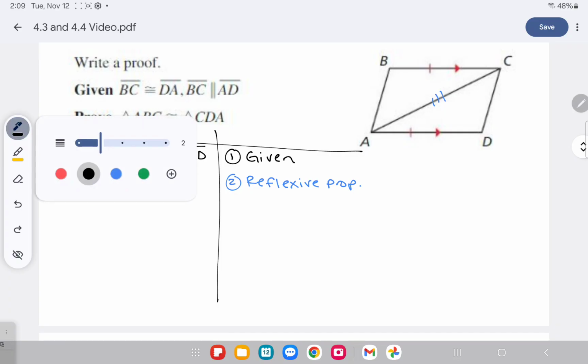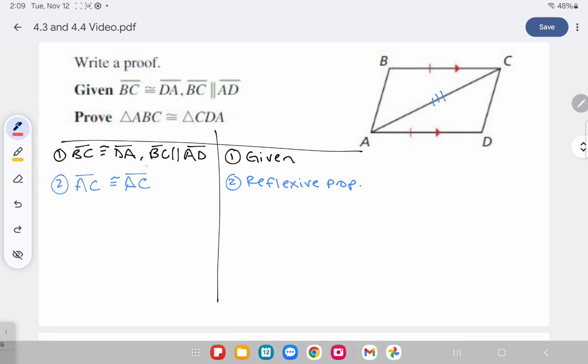The other steps need to be used using this given statement that BC is parallel to AD. And typically when we have parallel lines, what we're going to be using is the alternate interior angles theorem. Not always, but usually when you have parallel lines, look for the alternate interior angles theorem.